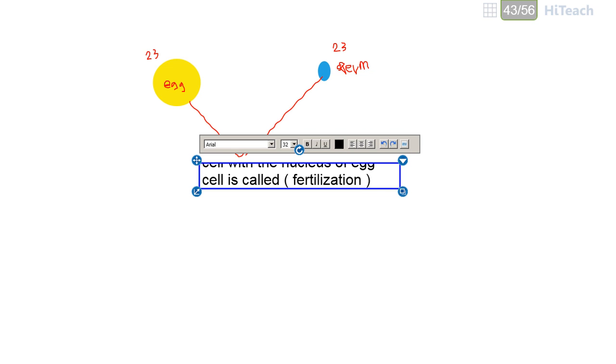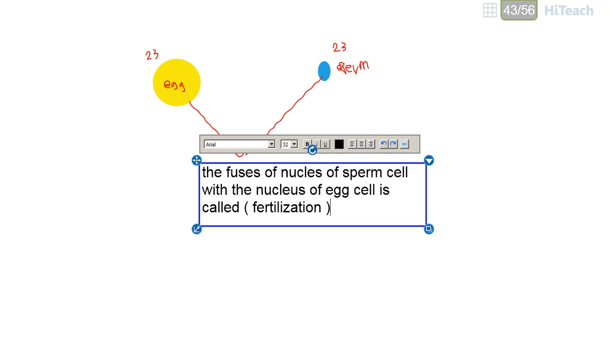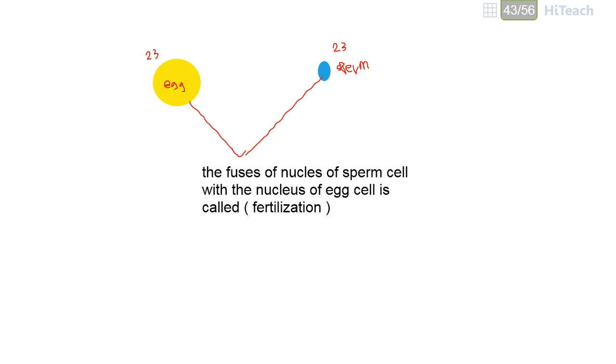So during sexual reproduction, these cells have a nucleus with genetic material, and they combine together to make one cell. This process of fusing the nuclei of these two cells makes one cell, which is called the zygote.